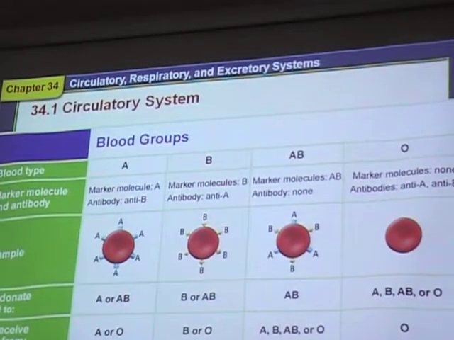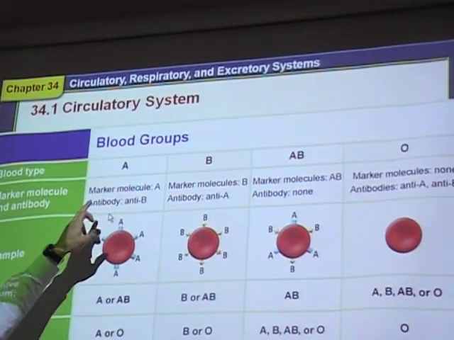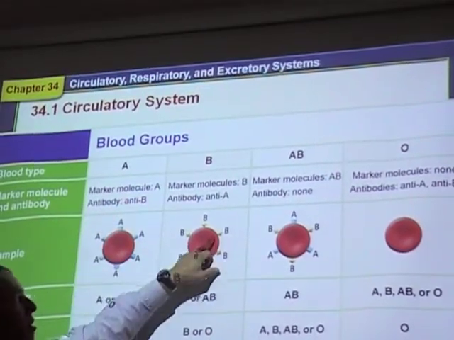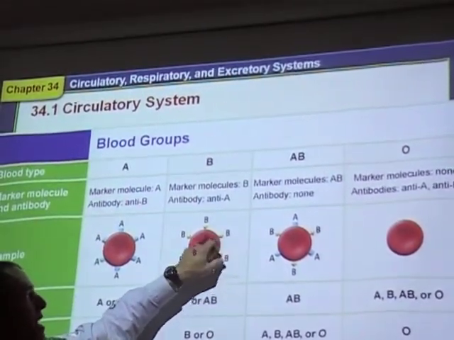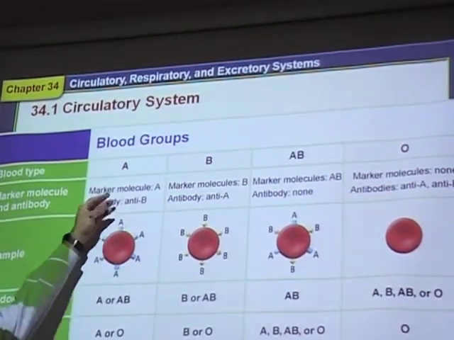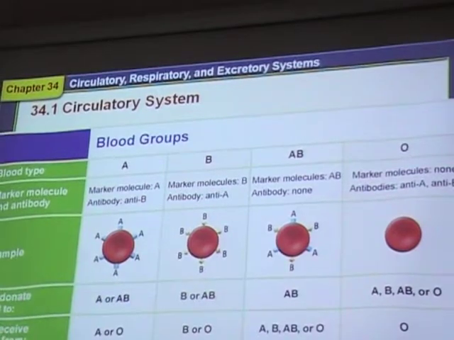Now there are also antibodies in the blood, and they show the antibody. A person with type A blood has anti-B antibodies. That means if you put a cell with the little B protein in a person that's A, the anti-B antibodies will destroy it.